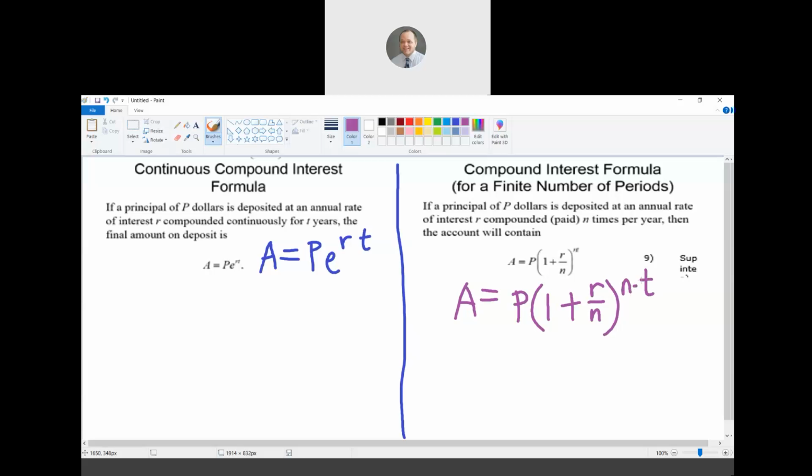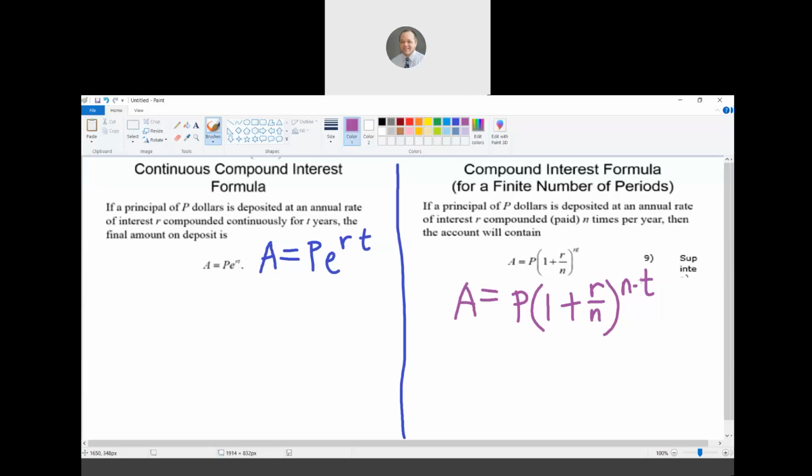All the other letters mean the same thing as in the compounded continuously formula. The n represents how many times per year that your investment or your loan is being compounded.